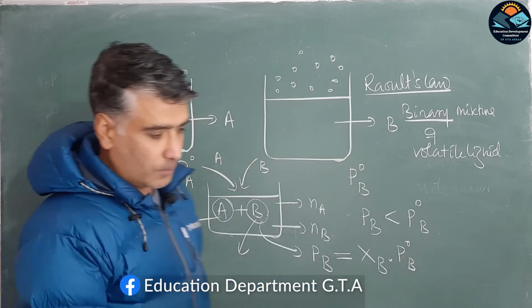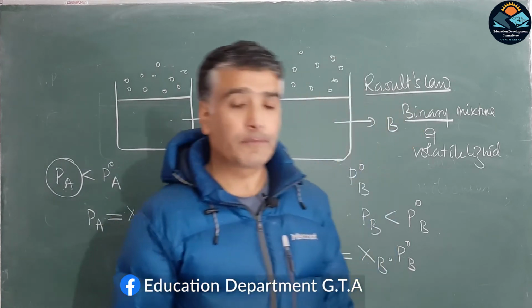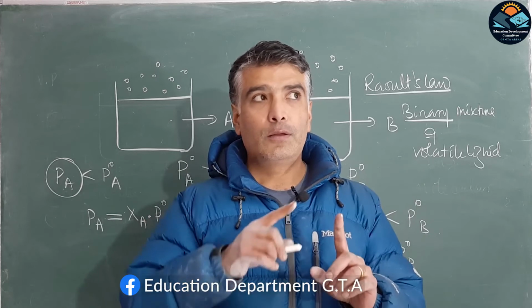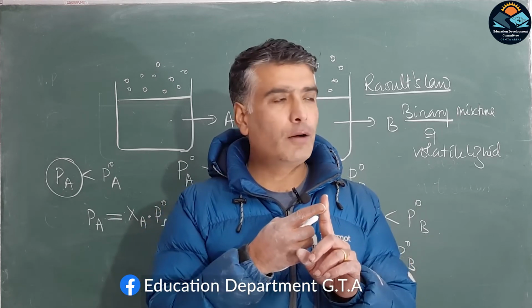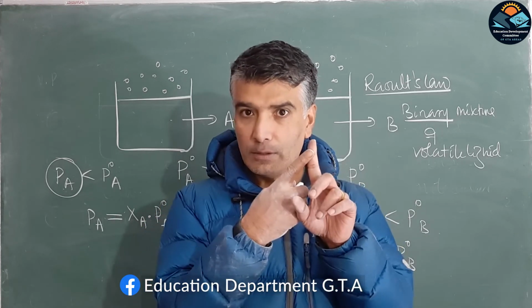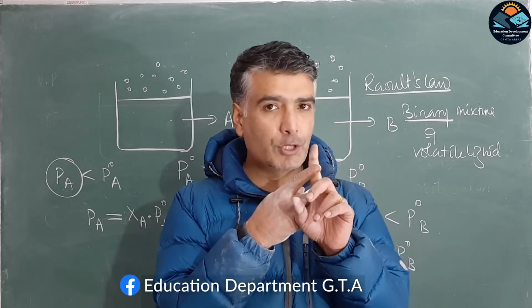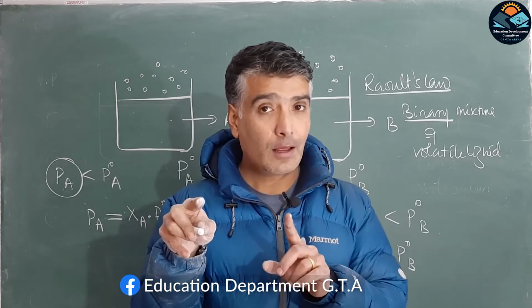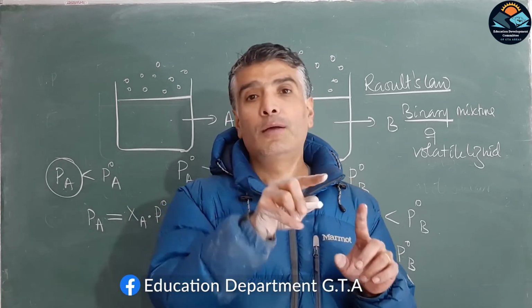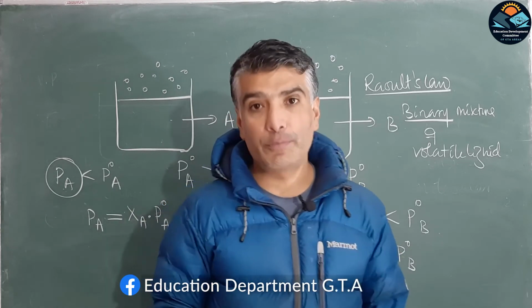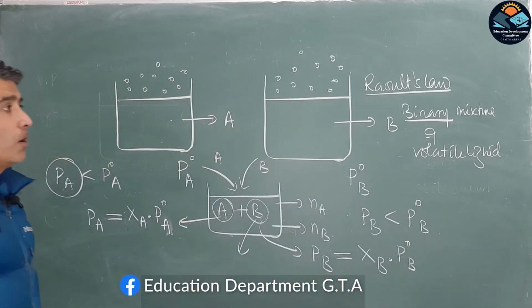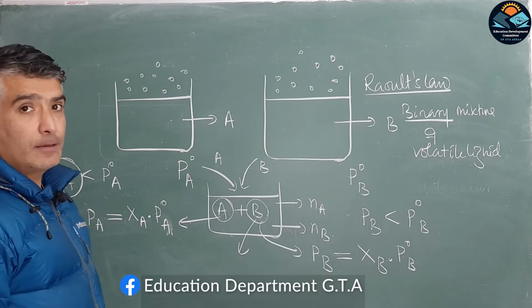So when you have mixtures of liquids, how do you find the vapor pressure of the first liquid in the mixture? It will be given by the product of the mole fraction of the first liquid and the vapor pressure of the first liquid when it was in pure state. Okay, so this is Raoult's law on binary mixture of volatile liquids.